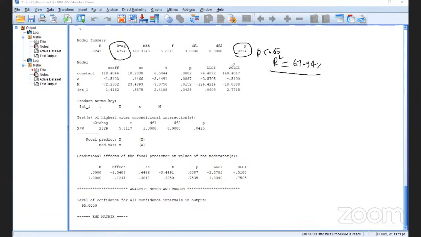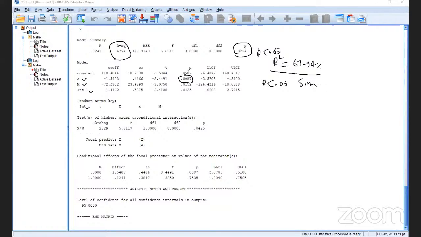Now in model 1, X is the independent variable, job satisfaction, M is the moderator, low and high job performer, and the interaction means the multiplication of X and M. Whether X is significant or not, we see the p value, and here it is significant, less than 0.05.